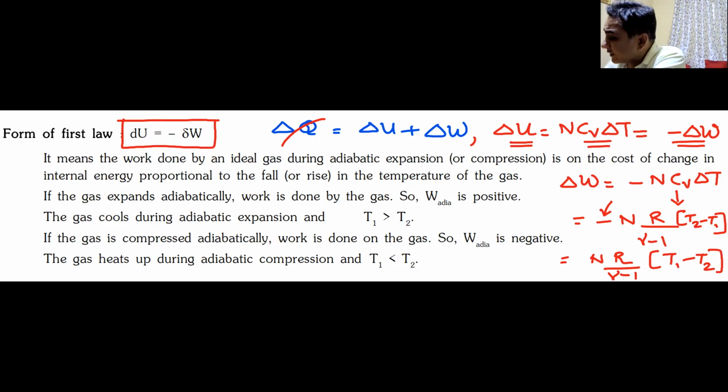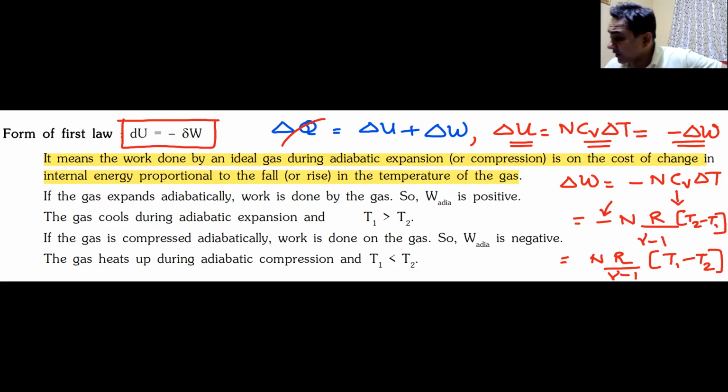Then you will write everything that is given in this sheet, because everything will come as a question in your exam. Delta U is negative of delta W. That means whatever work is done in an adiabatic compression or expansion gets converted into change in internal energy.